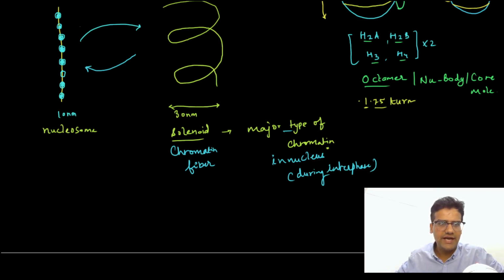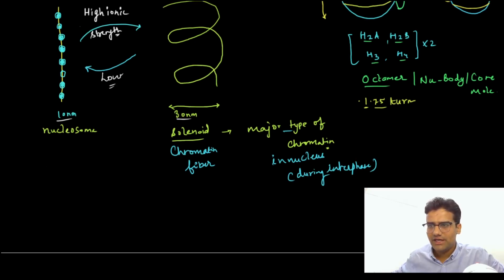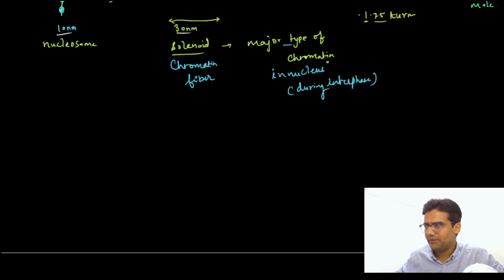If there is high ionic strength, the 10 nanometer fiber is converted into 30 nanometer fiber. If there is low ionic strength, the 30 nanometer fiber is converted back into 10 nanometer fiber. And this is the major form of chromatin present here.